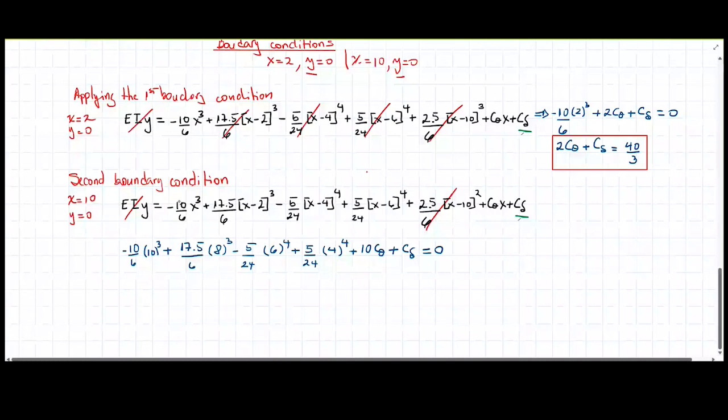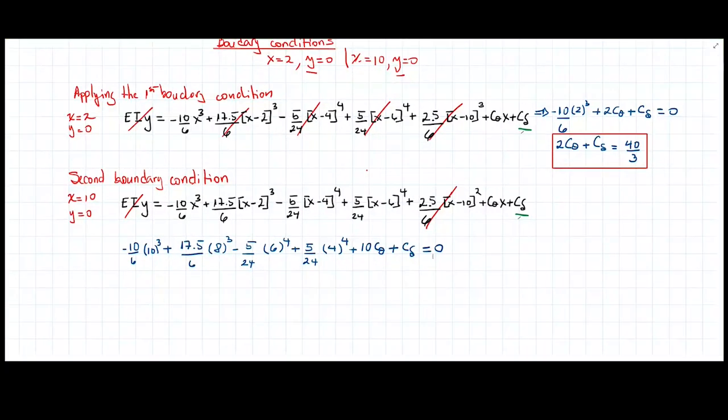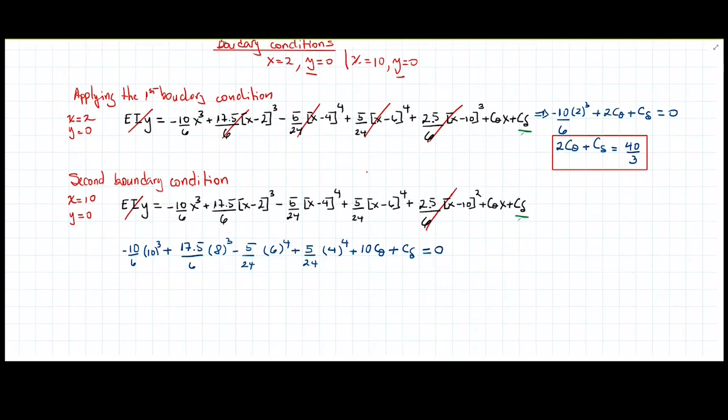Now let me check what's the answer to that one, because you can do it in your calculators if you wish, and follow along and compare if the results are the same. That would be nice. But for the sake of time, this is going to be reduced to the following equation. Let me just search for it.